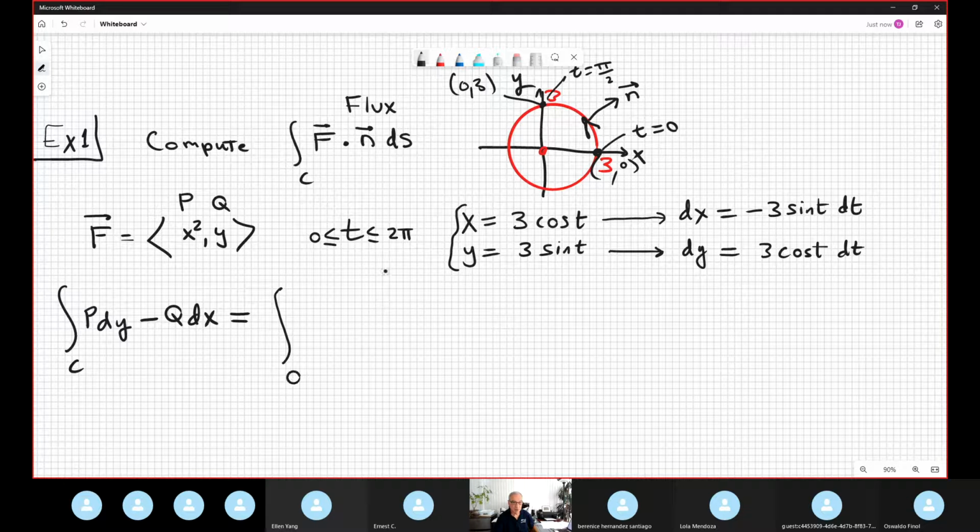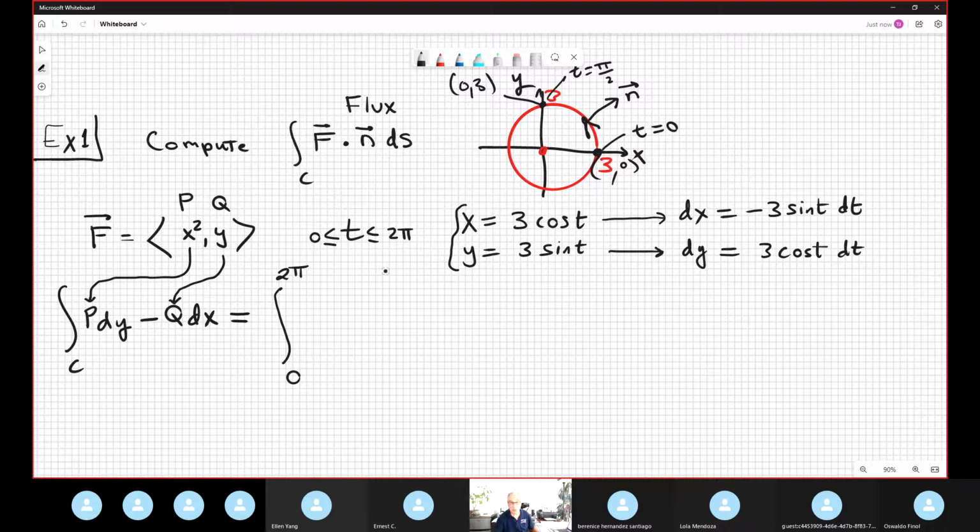Remember, we're doing a conversion: the line integral, completely new and weird for us, to another integral that you know very well from calculus 1 and calculus 2. So, who is P? P is x squared. This is P in the vector field, and this is Q in the vector field.